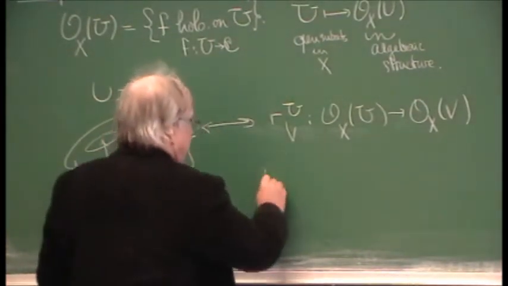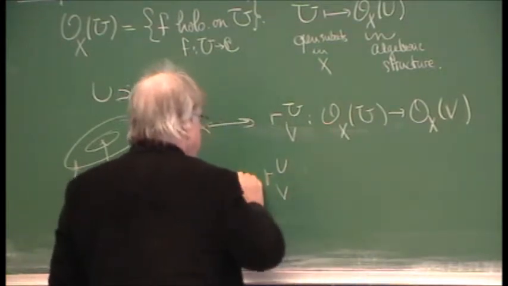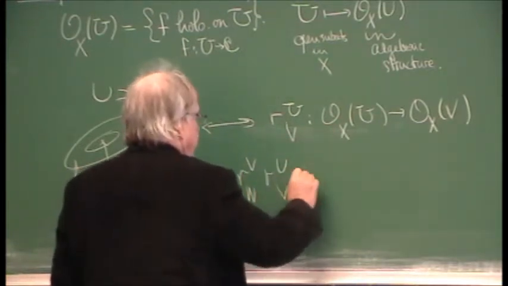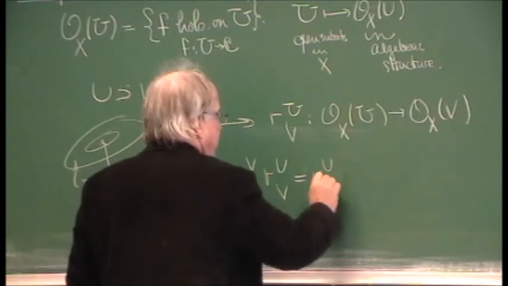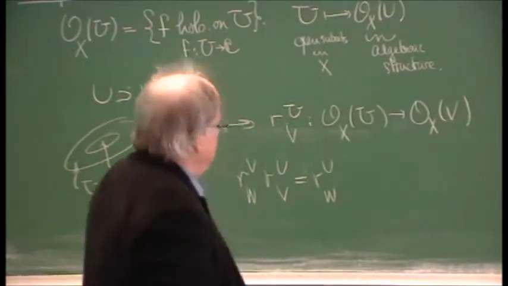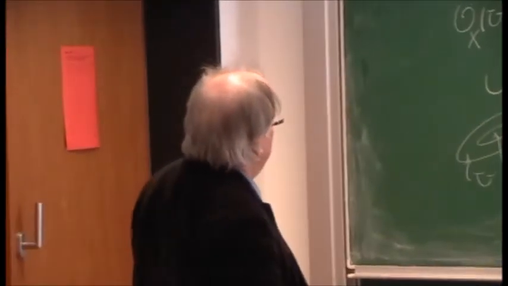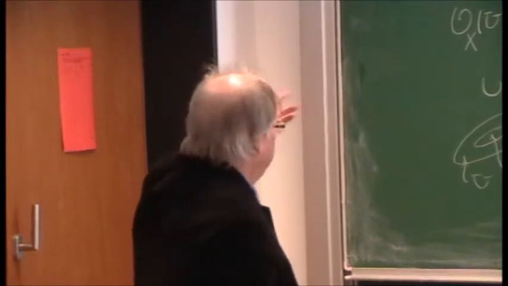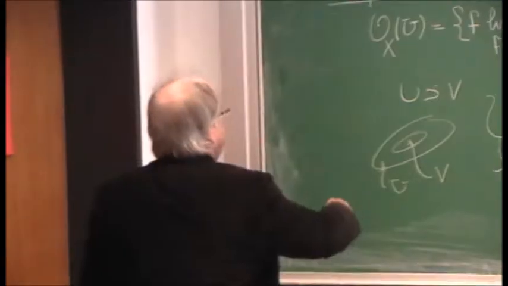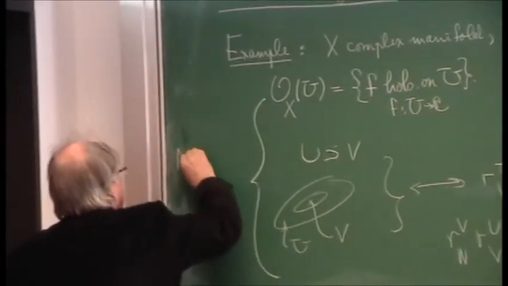And you see, of course, there's some obvious thing. You restrict to V, and then you restrict to W. No, we did the other way around. Restrict to W after that. This is the same as restricting directly from U to W. And this is all automatic here in this case.